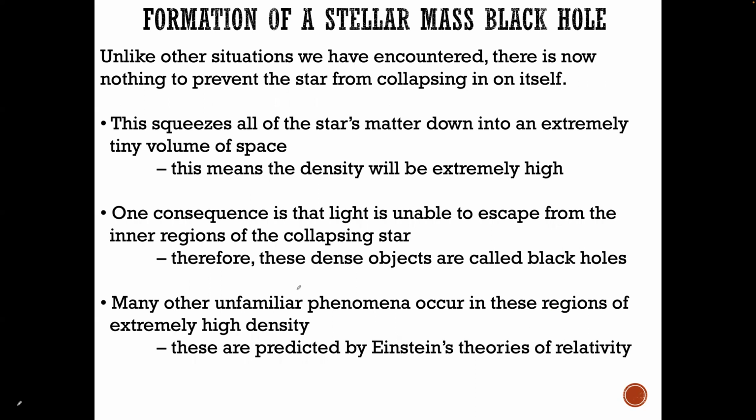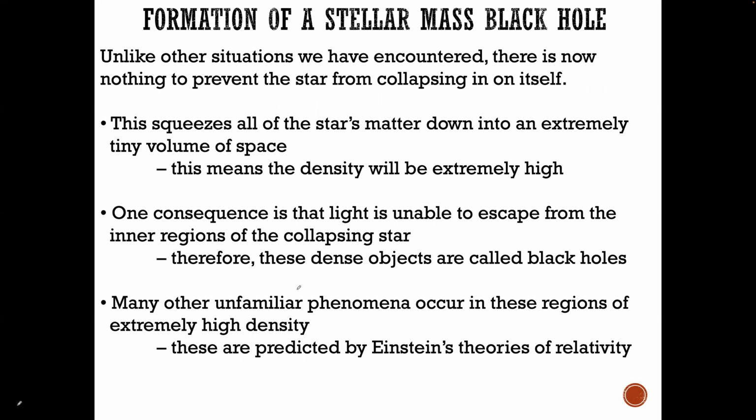So what happens is, now there is nothing to prevent the star from collapsing, because remember, for the lower mass stars you had electron degenerate pressure that stopped the collapse. And for the high mass stars, up to a certain limit, you had the neutron degenerate pressure to stop the gravitational collapse.